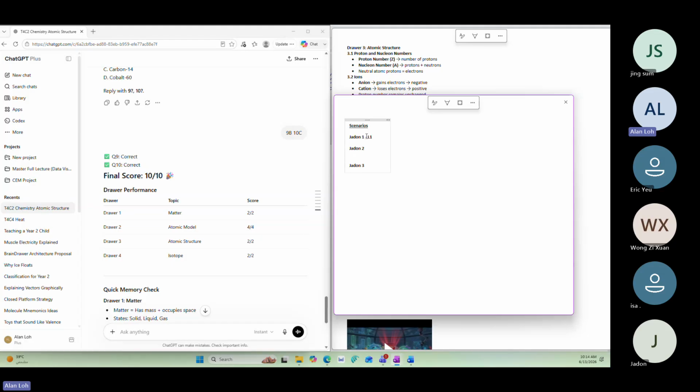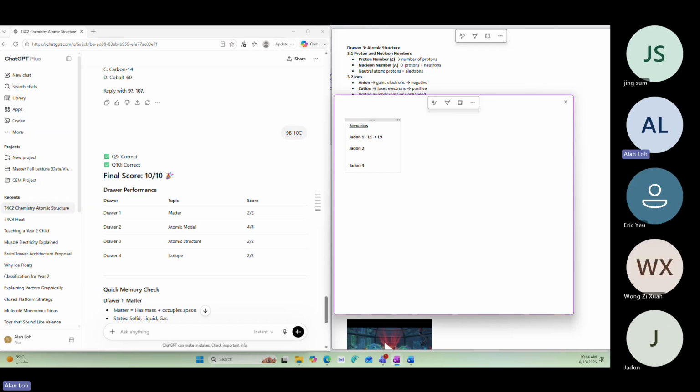This chapter, matter, atomic structure, atomic model, isotope, zero. And Jaden 1 wants to become level 9, which is what Jaden is right now, including Jingsam, Isa, Eric and Shen Shen. You're all now at level 9. How do you do it? You do it with this 2-hour class.